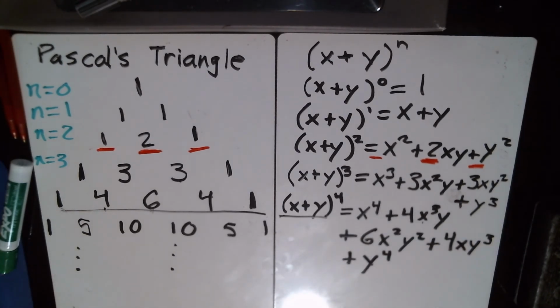So that would be another example. We'll look at some more examples of doing this in the next video, but essentially Pascal's triangle tells you when you're multiplying something out, how many of each term you're going to have when you multiply it all out, which is pretty cool.